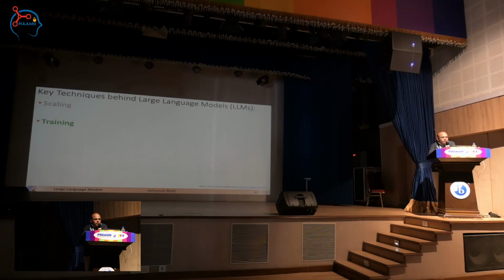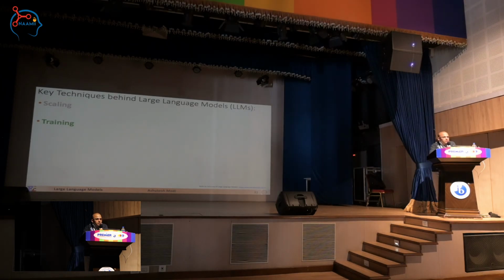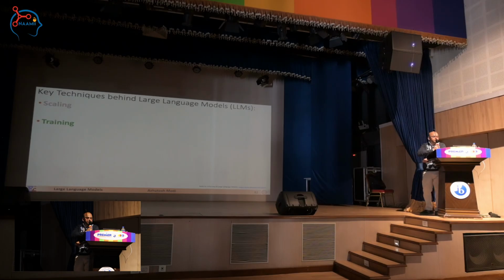You need half of the world's compute to train a model like GPT-4. So a lot of engineering goes into this, and people have come up with specialized libraries like DeepSpeed and Megatron, which help with distributed training of these large language models. So it has become more of an engineering endeavor than a scientific endeavor.